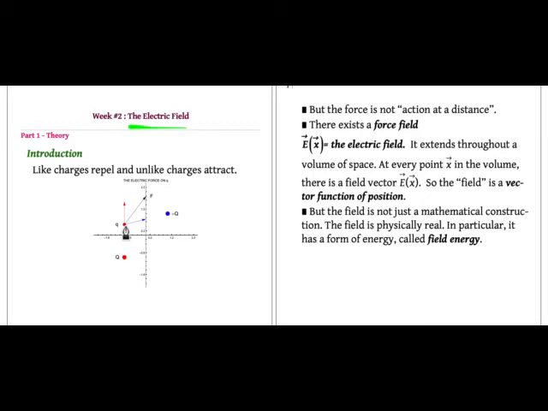It would be repulsion from plus Q and attraction to minus Q, and then the net force on the smaller charge would be the sum of those two forces, this force F.